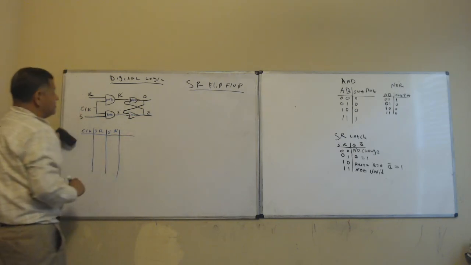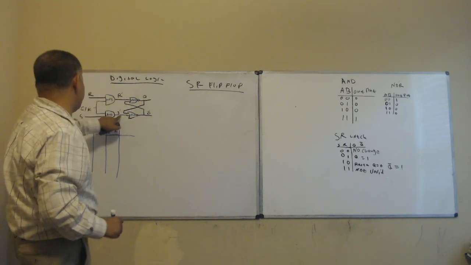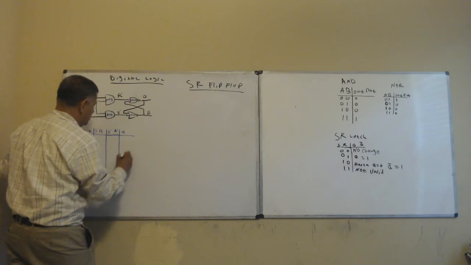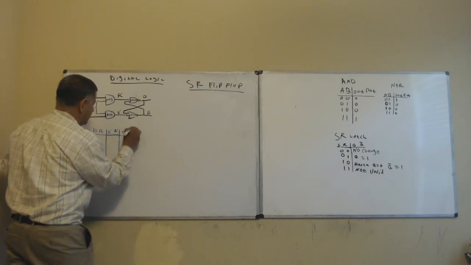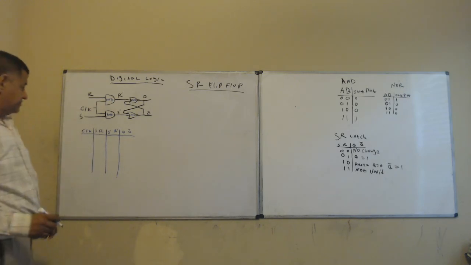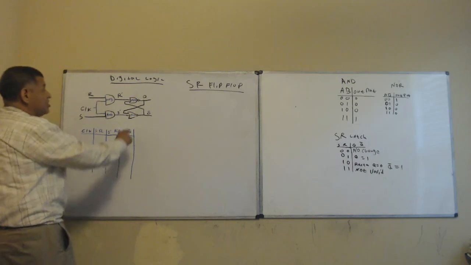And what comes after R prime and S prime? We have Q and we have Q naught, right? And what do we have after Q naught?